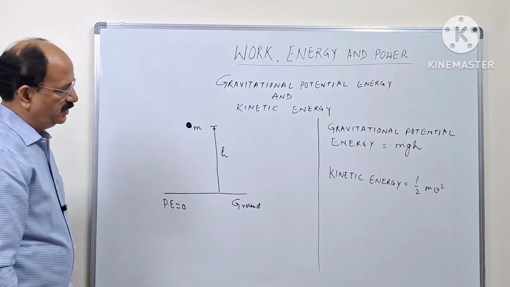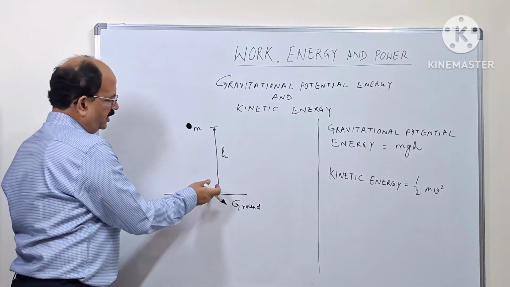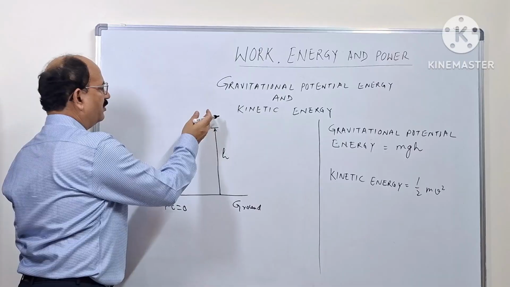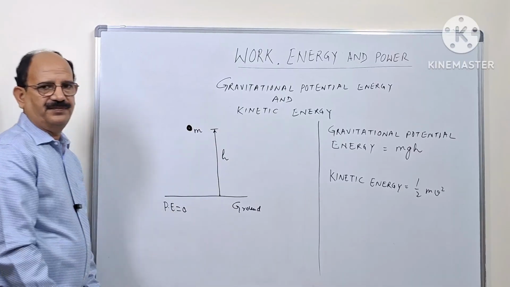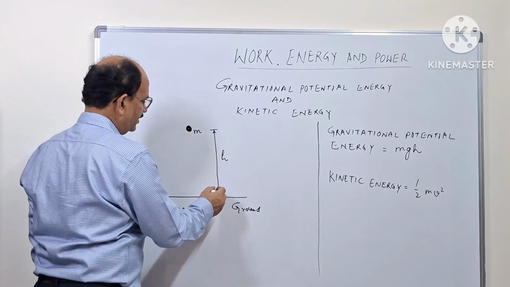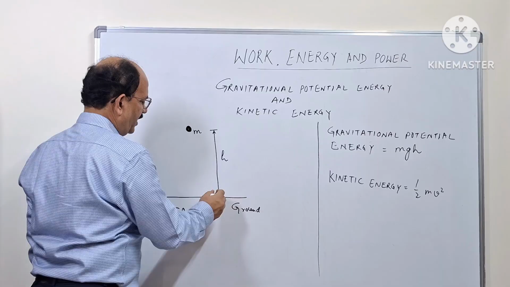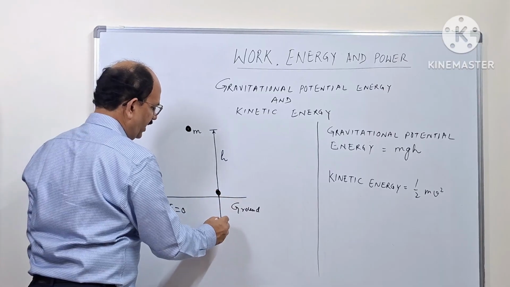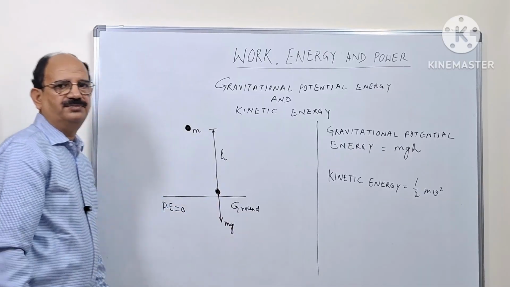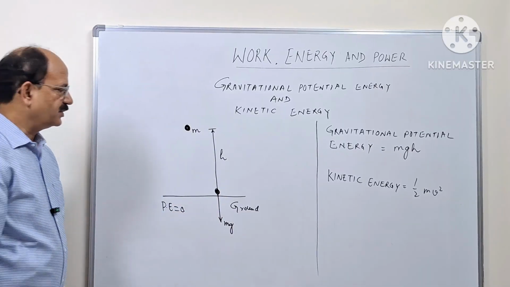Now, suppose you are trying to lift this ball from here and you are bringing it up to this height. So what happens? When the ball is here and is having mass m, its weight mg is acting downward, right?